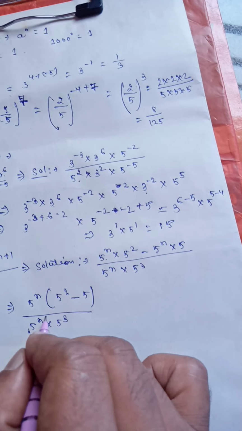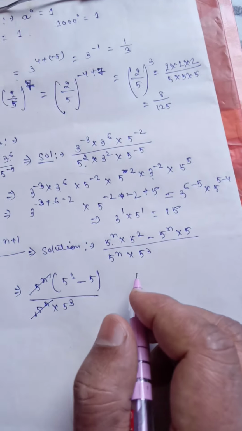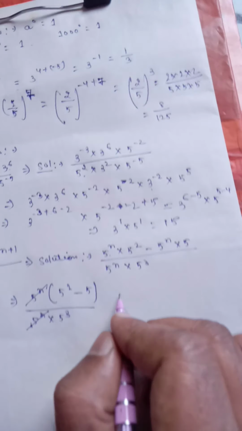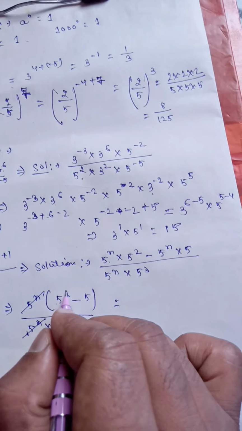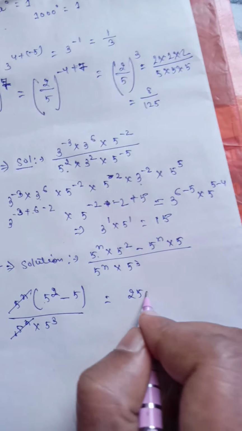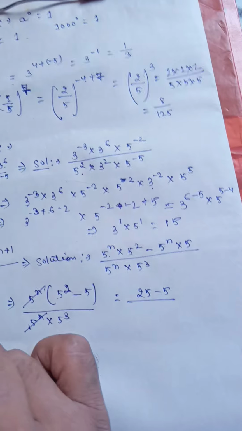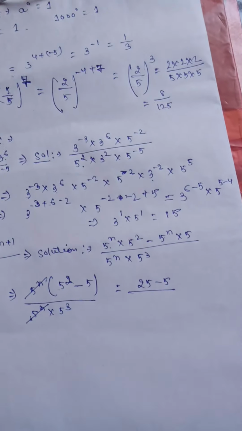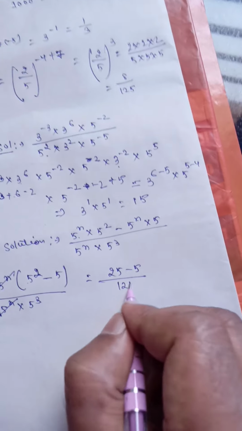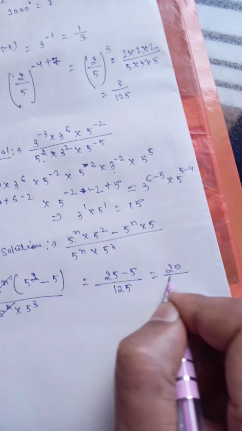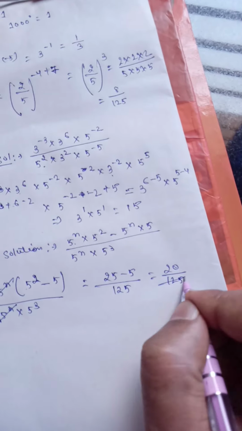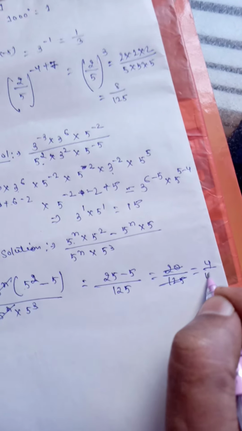These both numbers are divisible by 5 raised to power n. Here 5 power 2 is equal to 25 minus 5. 5 raised to power 3 means 5 into 5 into 5. It means 125. 20 upon 125, which is equal to 4 upon 25.